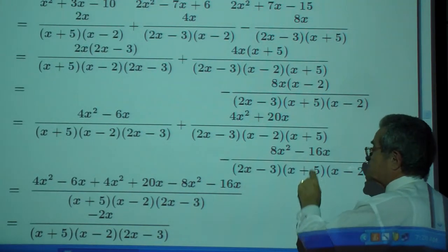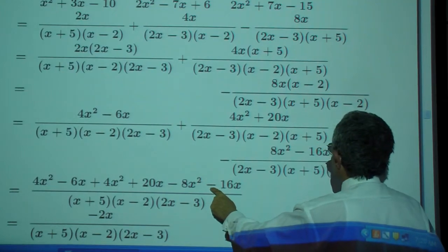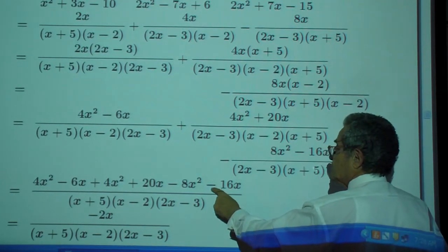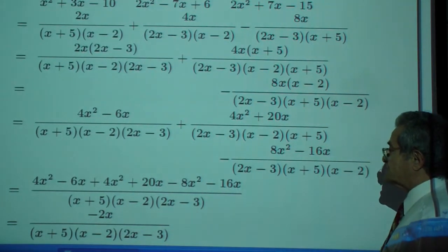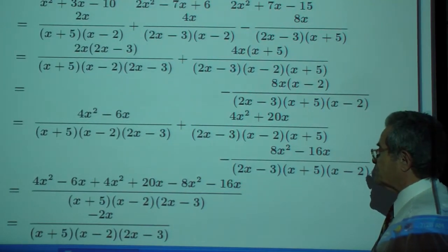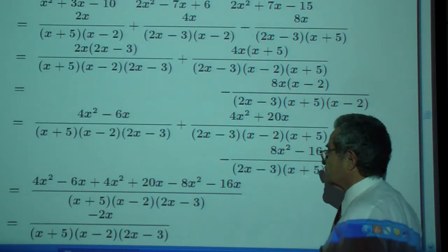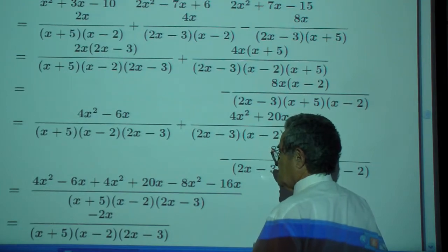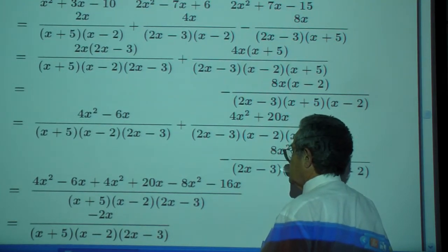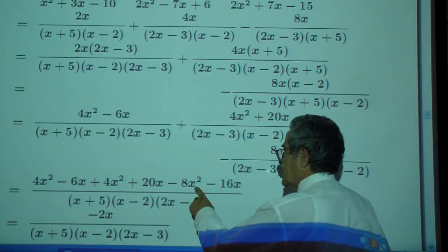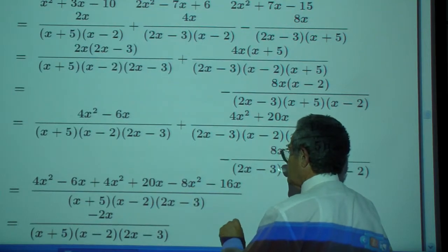That means it becomes, oh, that's a misprint. That is supposed to be plus 16x. Oh, that's too bad. Okay, so I get negative 4x squared.